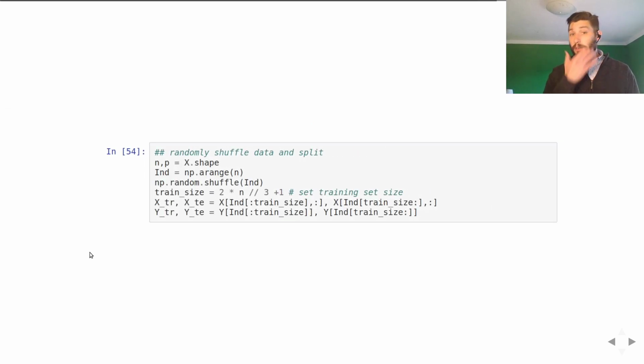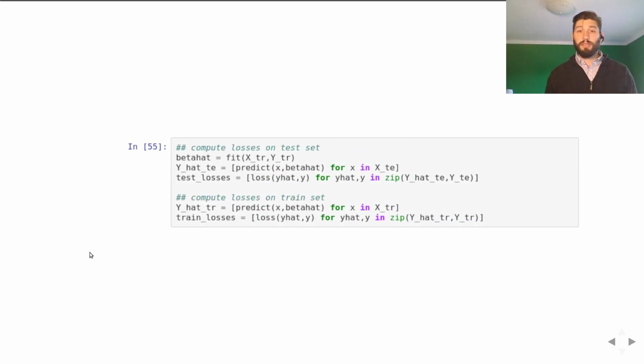Okay, so I had that data set before. I'm going to do this by hand. Before we did it with scikit-learn, just once, I'm going to do it by hand. And so let's take our X, we'll randomly shuffle the indices, and then we'll select the first third to be our training set and the second third to be our test set.